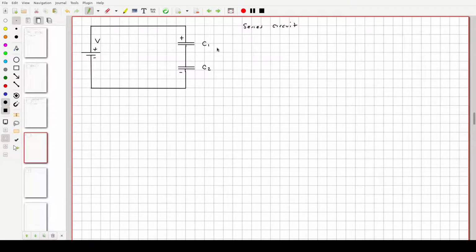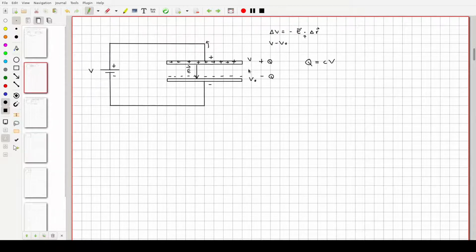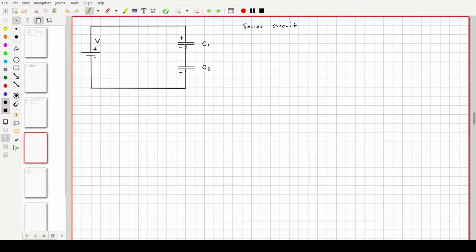So for every little plus that you have here, you're going to have an accompanying minus there, just like what we talked about before. But if you look over here, this bit of metal sort of dangles free. So if I pull a negative into this plate, it has to come from somewhere. It's going to come from over here, so there'll be a positive, which as a consequence is going to induce a negative here.